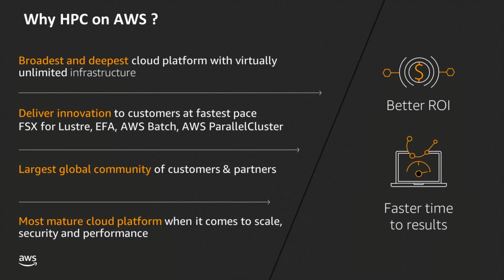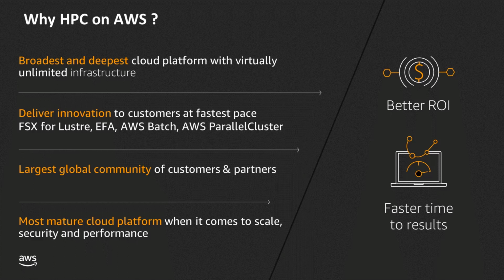So why run your high performance computing workloads on AWS? At AWS, you have access to virtually unlimited infrastructure. This allows you to scale on demand very quickly, and you will only pay for what you use. For an on-prem installation, you are generally limited to the fixed size of your cluster.